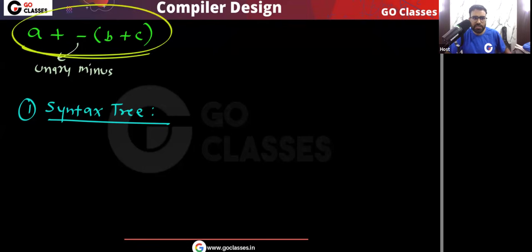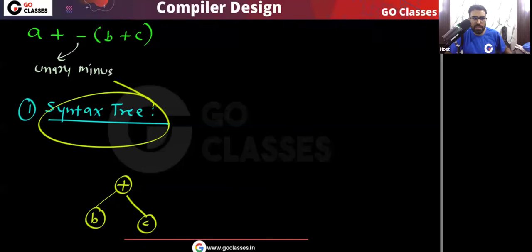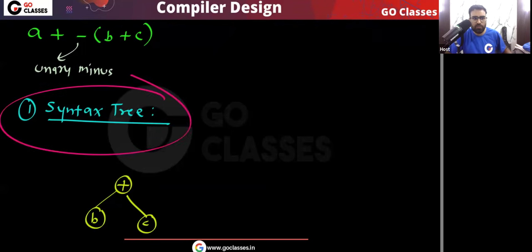How will this arithmetic expression be evaluated? You can see that first we are going to perform b plus c, so we will make a node for plus. So we are making the syntax tree, and this is very similar to the parse tree, or I can say this is basically a reduced, simplified version of the parse tree.